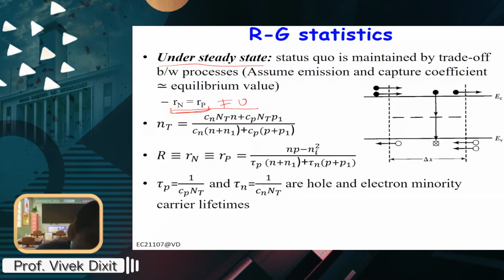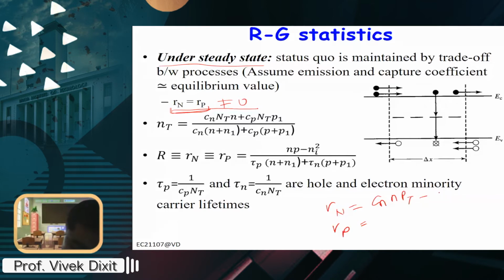So if you solve for you can write the equation here. Rn is recombination rate of electron. So capture times Cn times N times Et minus emission.